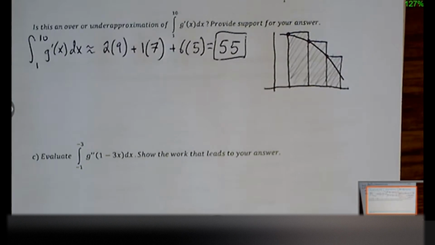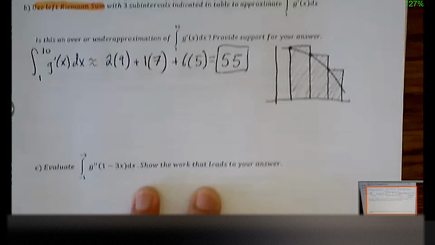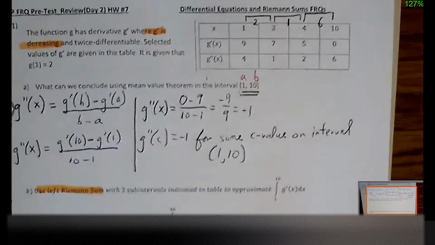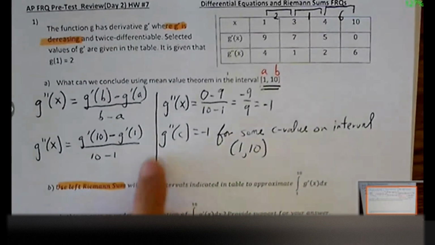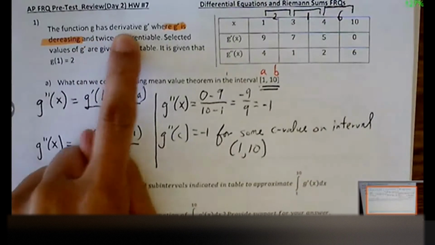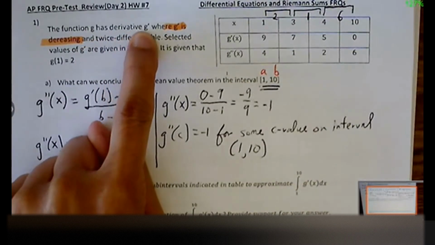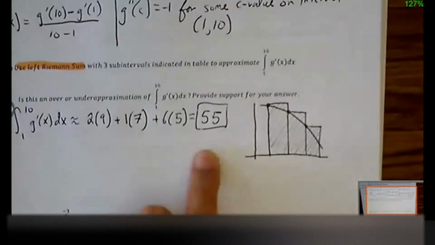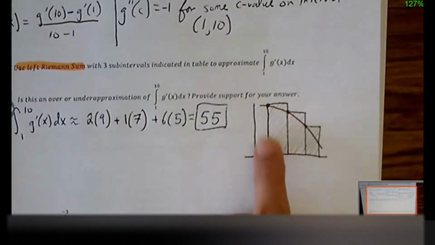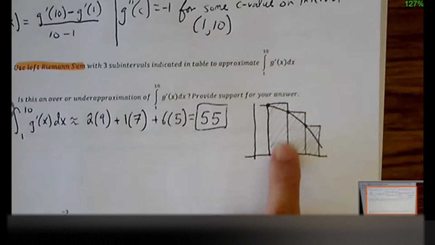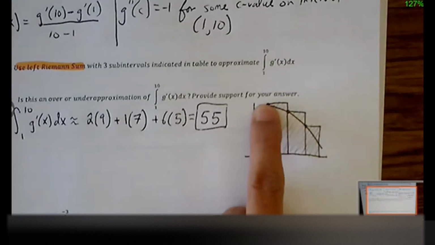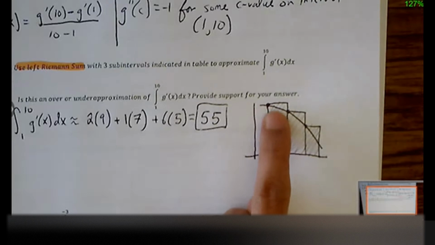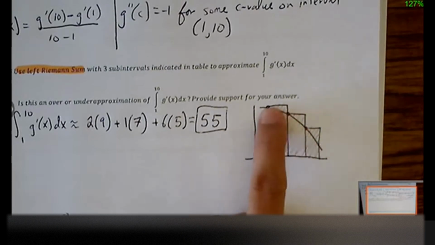Mr. Yang? Yes. Can you just explain how you got the over approximation part again? I'm sorry. Right. So we have two things that are giving us the information. It says that the function g has derivative where g prime is always decreasing. And if a function is decreasing and you're creating left Riemann sums, attaching the left endpoint of every upper left corner to the graph, you're going to get these rectangles that are all peaking above the curve.